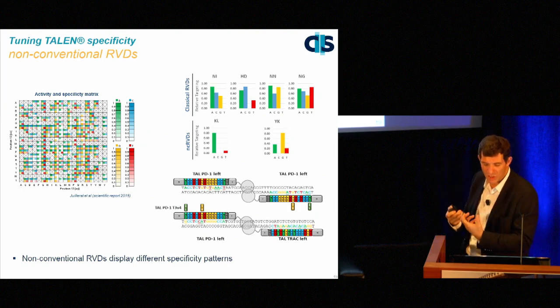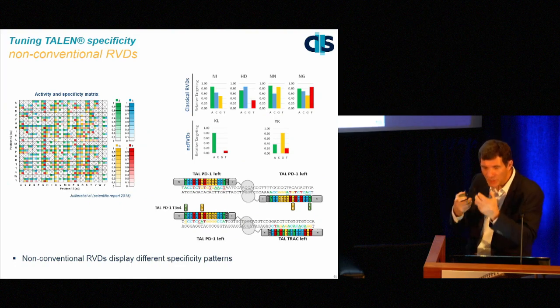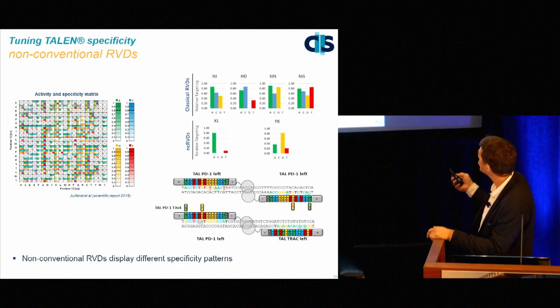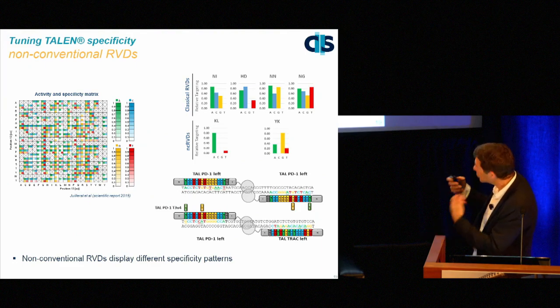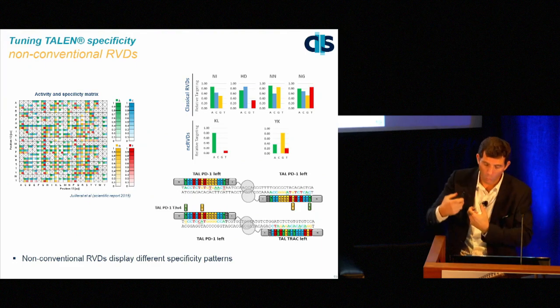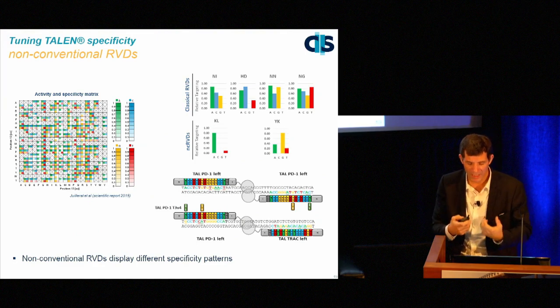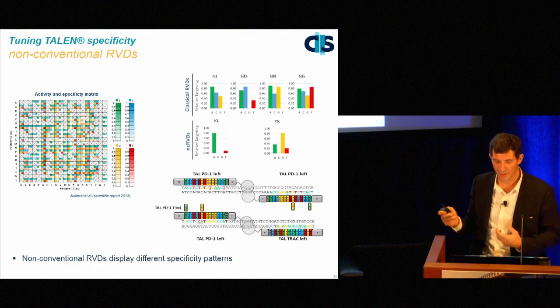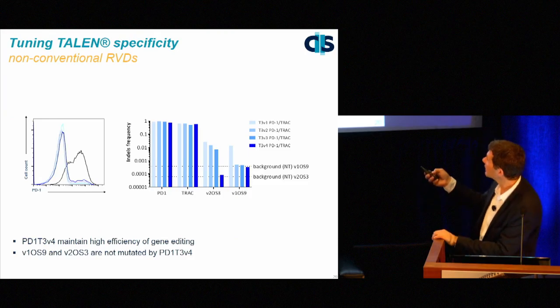The ability to re-engineer these RVDs and the protein allows you to suppress this totally, so we can replace certain of these RVDs to totally suppress the ability of one of them to recognize the base pair that cross-reacts with the off-site. Here you see that there is a series of different types of off-sites.